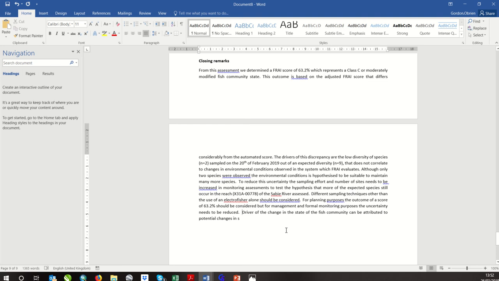So environmental drivers, from a pristine class A to a moderately modified class C, this is what we expect and this is what we observe, can be attributed to potential changes in velocity, depth metrics.